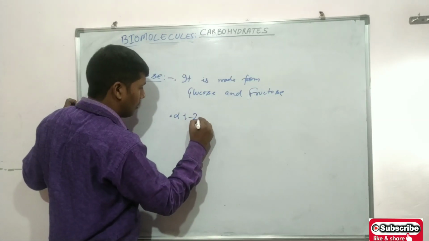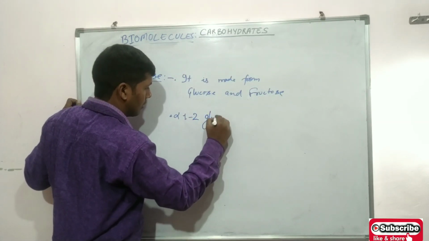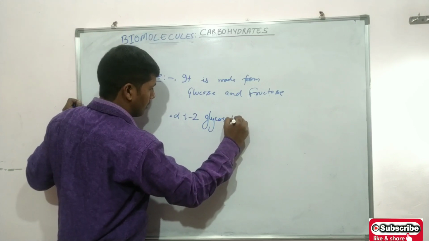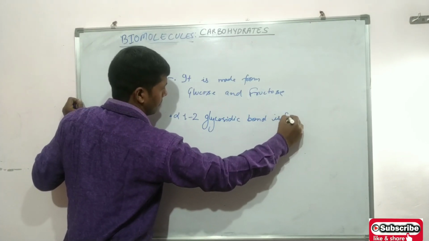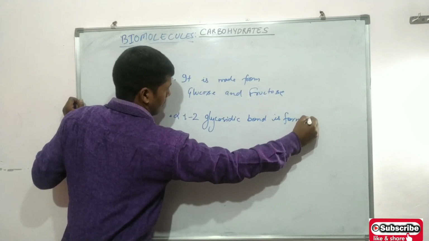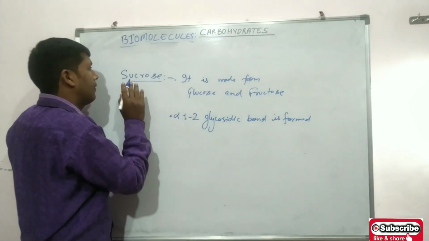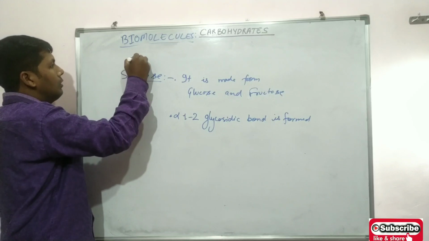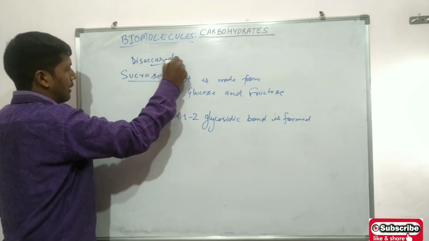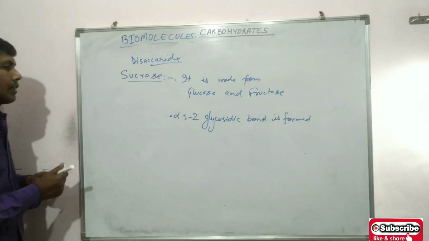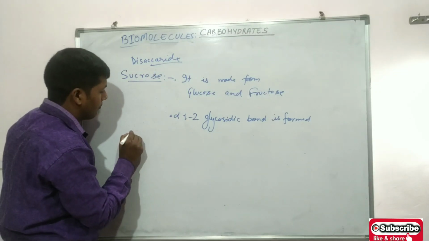An alpha 1,2 glycosidic bond is formed during the formation of the disaccharide sucrose. The structure of sucrose is as follows.